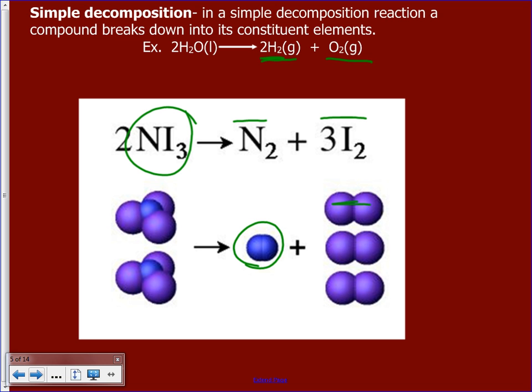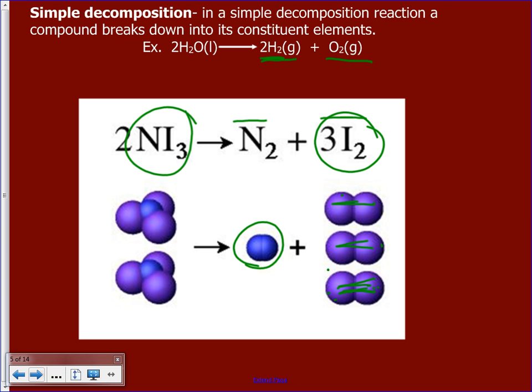And we get 3 molecules of iodine liquid. Again, this little 2 means they come in molecules of 2 atoms each, and there are 3 of those molecules. So on this side, how many iodine atoms are there? 6. 3 times 2, right? Each molecule has 2 atoms in it, so there's a total of 6 here.